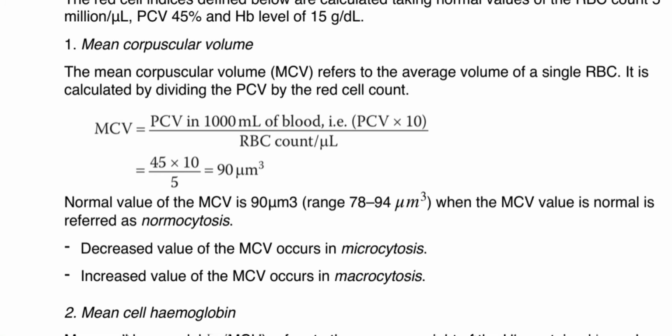So 45 into 10 divided by 5, it becomes 90 micrometer cube. So normal value of mean corpuscular volume, that is MCV, is 90 micrometer cube, and it ranges from 78 to 94 micrometer cube. When the MCV value is normal, it is referred to as normocytosis. Decrease in MCV occurs in microcytosis and increase in MCV occurs in macrocytosis.